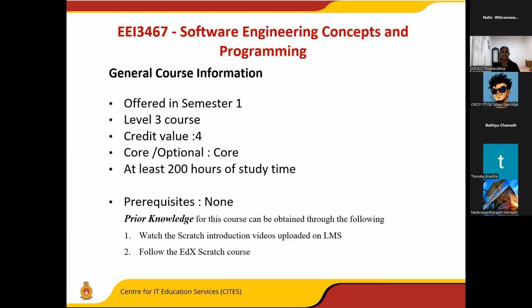Right. Okay. When we discuss the general course information, this course is offered in semester 1 and it is a level 3 course. It carries 4 credits, right? And it is a core course.